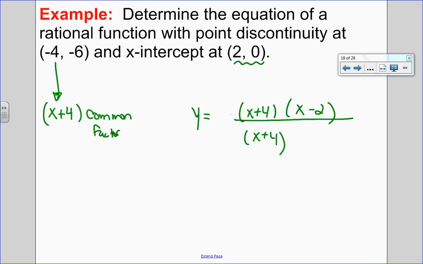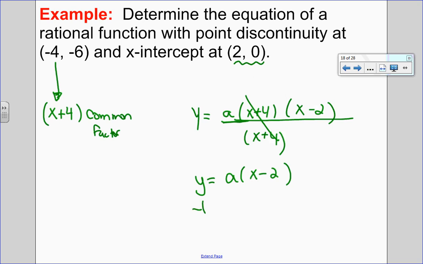So for these graphs here, I always told you to solve for a. So I don't know what my a value is. Well, this function in lowest terms would be y equals a times x minus 2. So let's plug in that point of discontinuity, because that's a point the graph passes through, to solve for a.